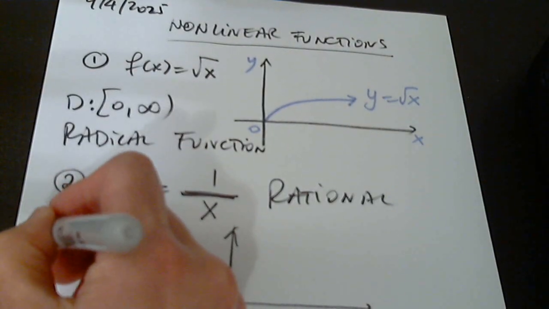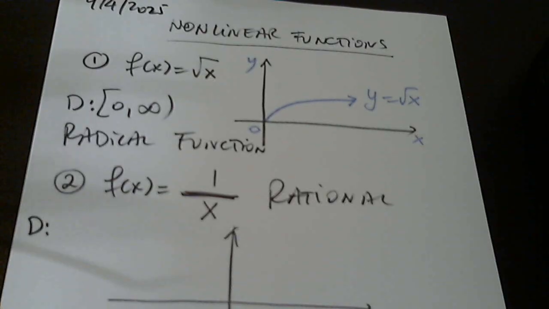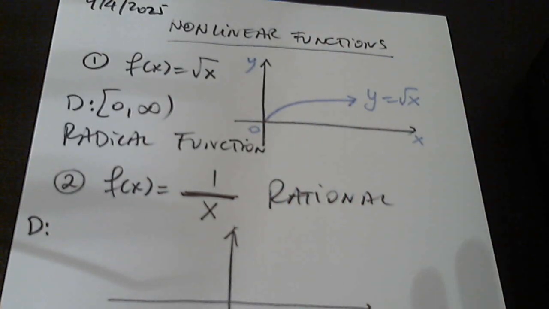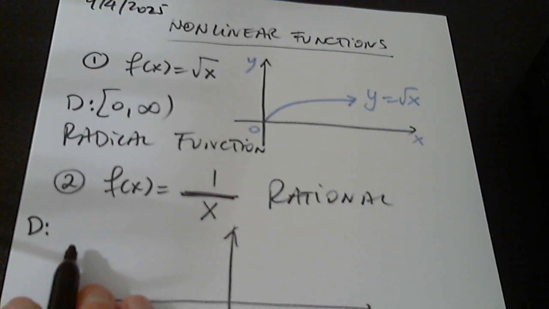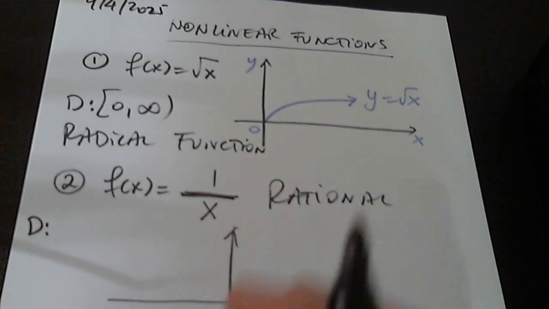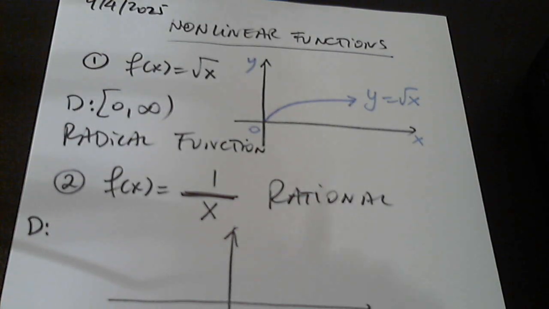Domain, please. Can anyone give us the domain? The reason I'm not using a table of values is because these are basic functions, and we are looking at the shape to remember the shape. Sorry, I interrupted you. The question is, what can I plug in, not what I cannot plug in.